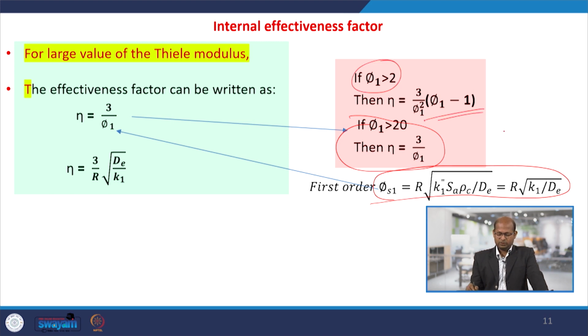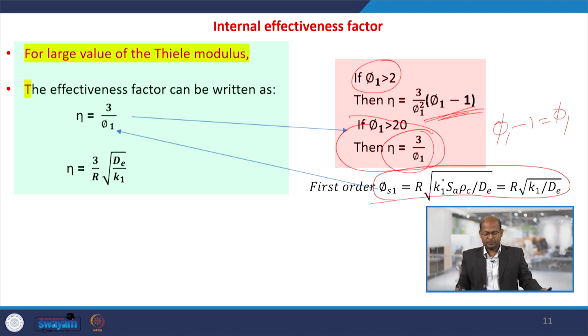So, here when the Thiele modulus phi is very large, then phi 1 minus 1 we can consider as phi 1. Okay. Thence these equations will be converted into eta equals 3 by phi 1. For a large value of the Thiele modulus, eta equals 3 by phi 1 for first order reactions.